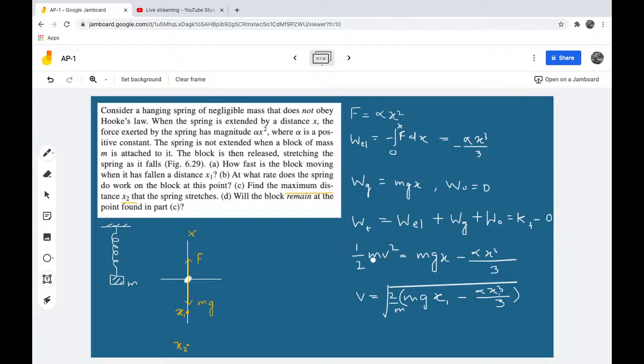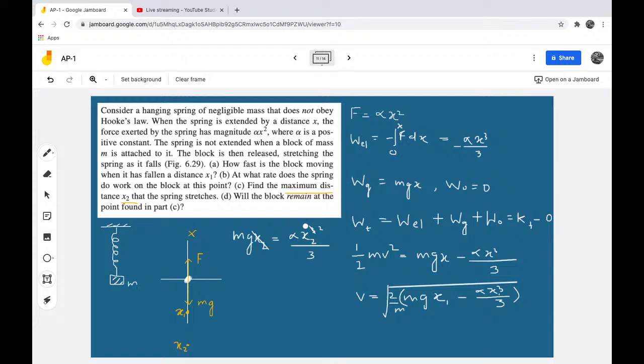So this side becomes 0, but this has become x2. So this will become mg x2 is equal to alpha x2 cube divided by 3. So one x2 will cancel, leaving a square here.